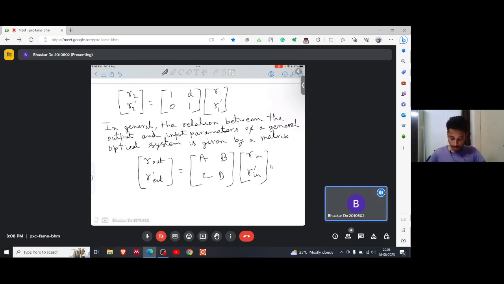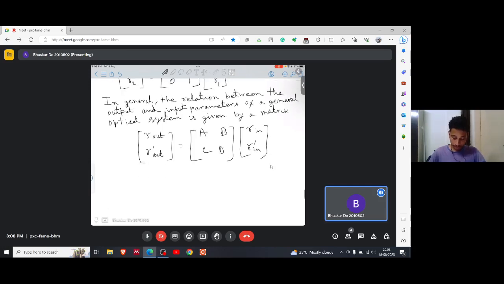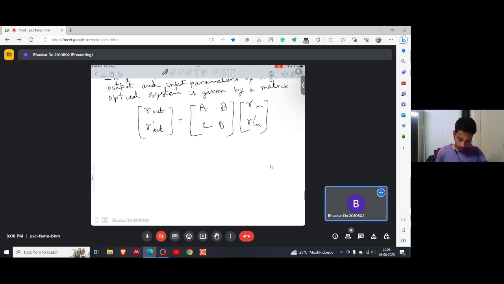writing every propagation in terms of matrix, because for example, a beam is traveling in this direction and you put a block, then you put a lens, and then you put some kind of maybe mirror or something, anything you can put here. So this light beam is the input beam for this block. Let me just mark here 1, 2, 3.